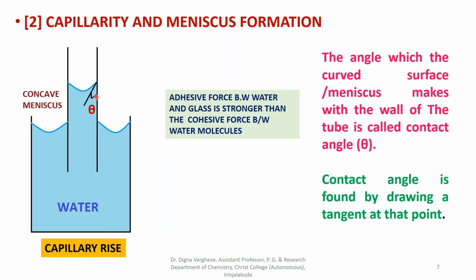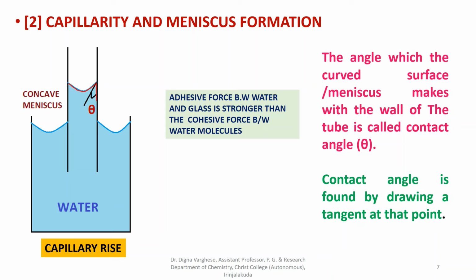Contact angle is found by drawing a tangent at that point. Here we know the angle within the curved surface, which the curved surface, that is the meniscus, makes with the wall of the tube.